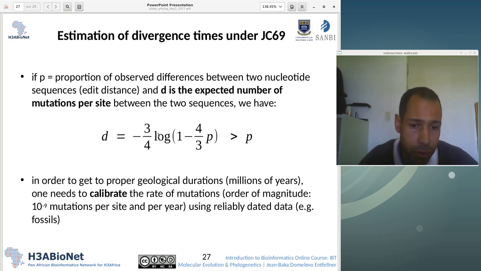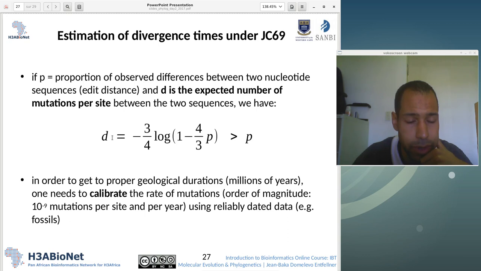I don't ask you to establish this formula, but we find that if P is the proportion of observed differences between 2 nucleotide sequences, the good old edit distance that was in our case equal to 0.3, then in reality the expected number of mutations per site, according to the Jukes and Cantor model, is this D. And D is equal to minus 3/4 of the logarithm of 1 minus 4/3 of P. And this can be shown to be strictly bigger than P.